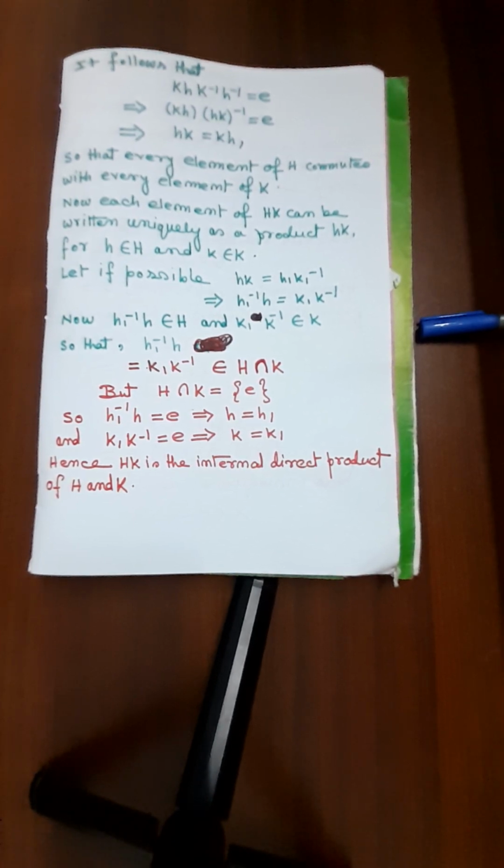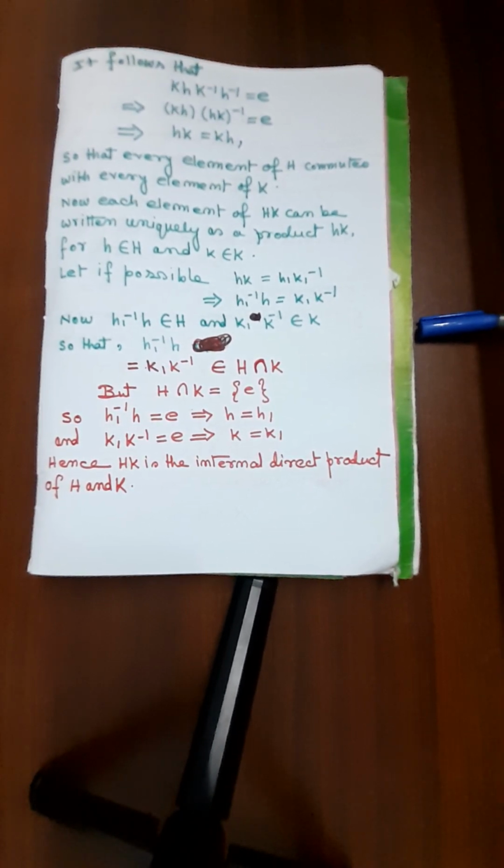Now each element of HK can be written uniquely as a product hk, for h belonging to H and k belonging to K. Let, if possible, hk equal h1 k1. That implies h1 inverse h equals k1 k inverse.